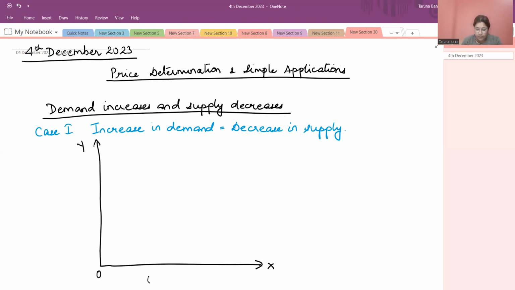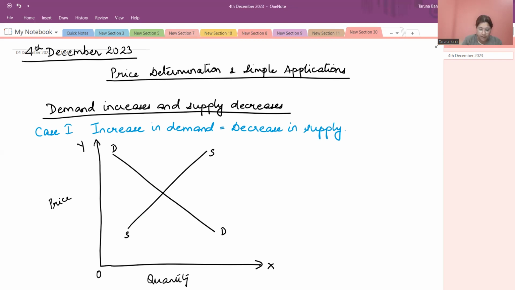On the x-axis, we are going to show the quantity. On the y-axis, we are going to show the price. And this is our original demand curve, DD. This is our original supply curve, SS.